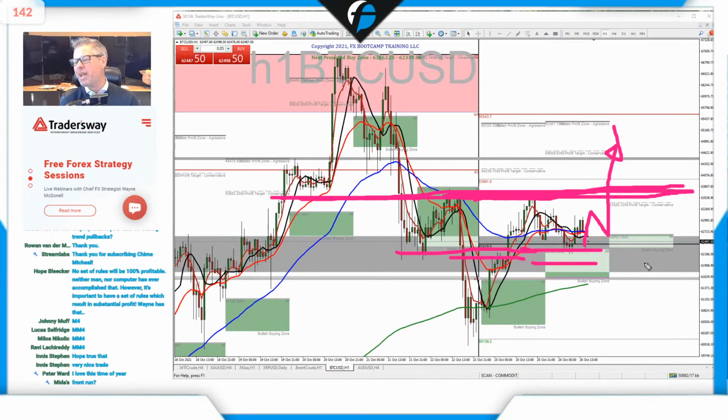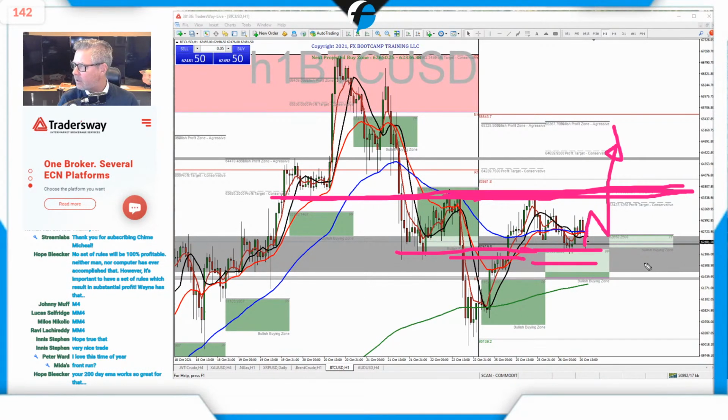Imagine our group. We've been so patient for so many days now, like 4 days in a row. And now people are firing off trades and front running tomorrow because they're aggressive. They're almost desperate. They need to get into a trade.